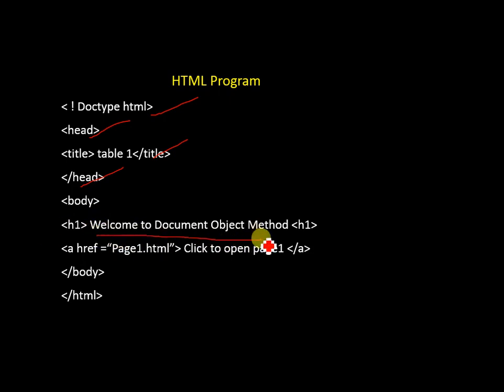The text is written inside. As well as that, we use the anchor tag to create a link. So the link is also created here, in the body. So this is the simple document you have created, and if you open it in the web browser, you will get the output: welcome to document object model, and the link page1.html, click to open page. All this together is called the document object model.